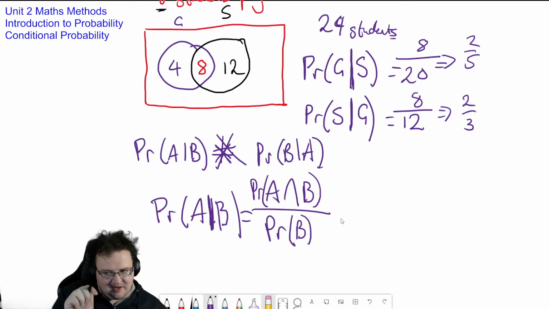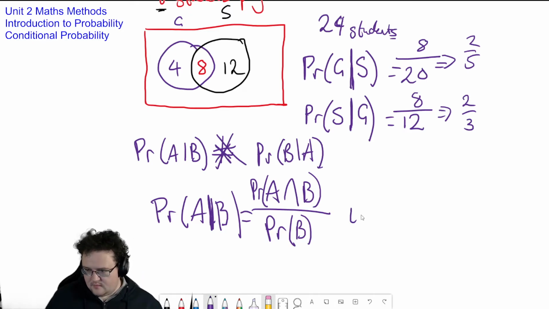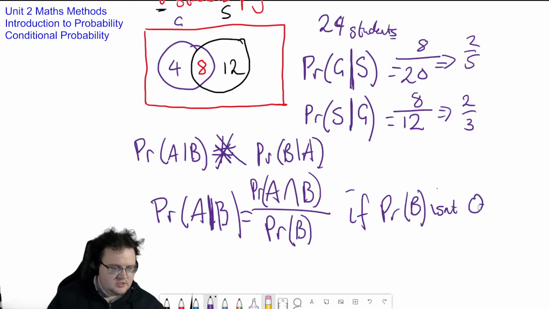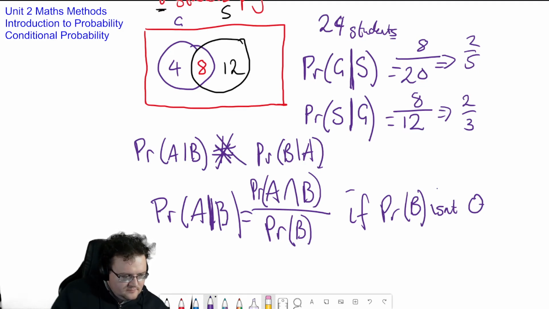Because the moment the probability of B is 0, you suddenly get undefined errors, etc. This formula can also be rearranged.